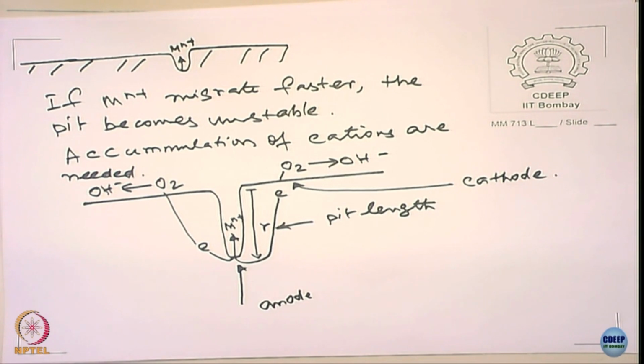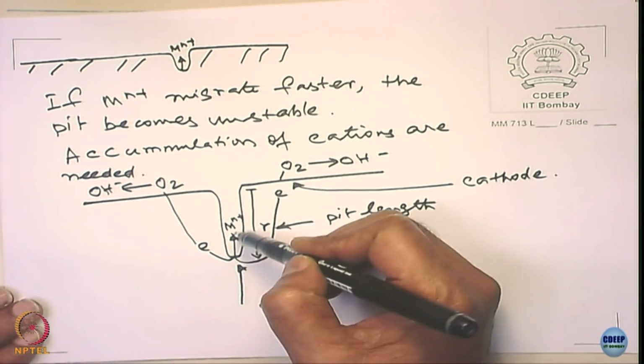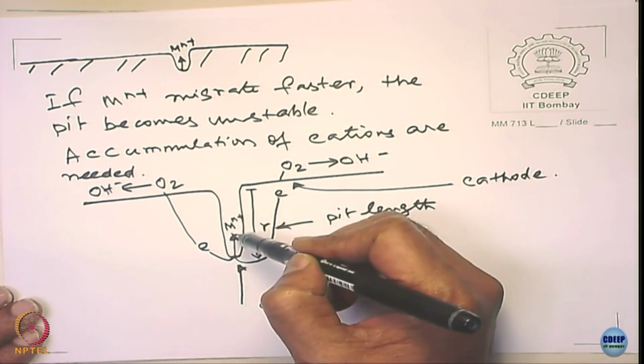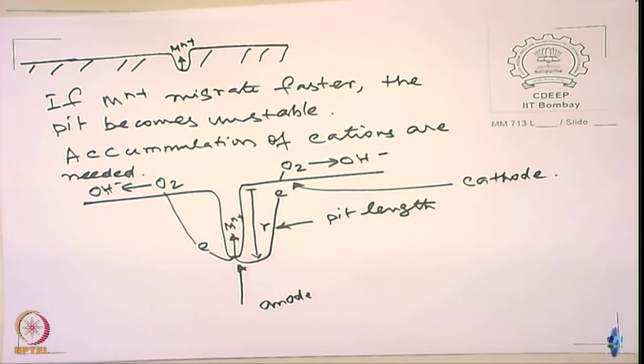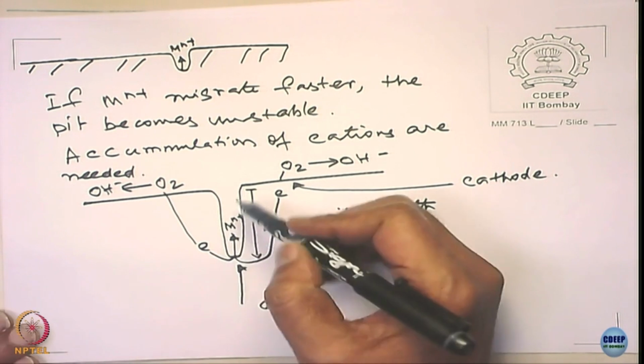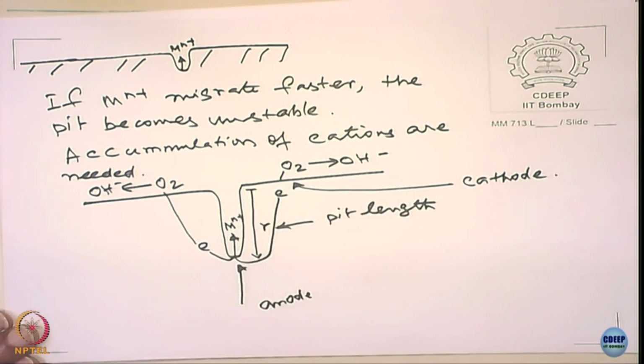I am going to put a question to you. I want more cations to be here, because when you have more cations, they will hydrolyze and form acid. It also can lead to migration of chloride ions into the pit. Now look, there are two processes.